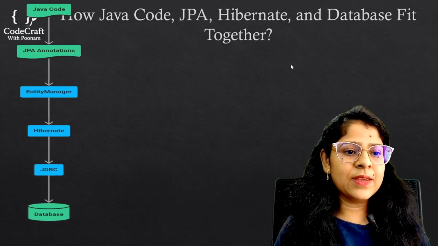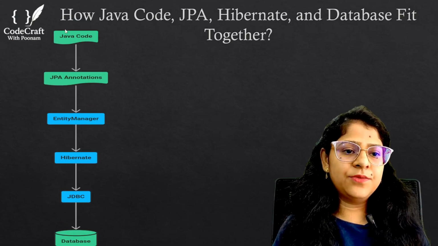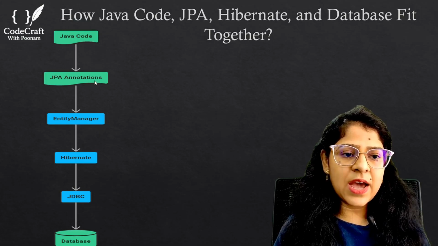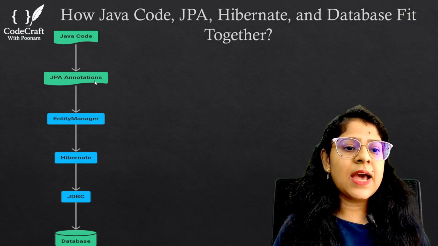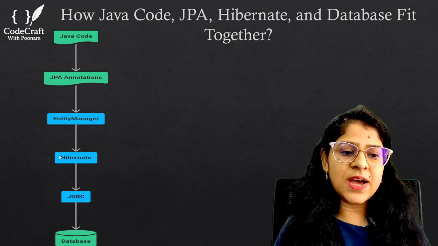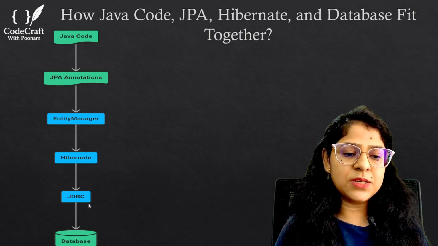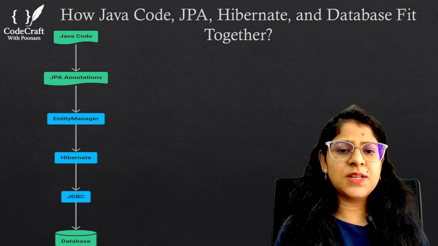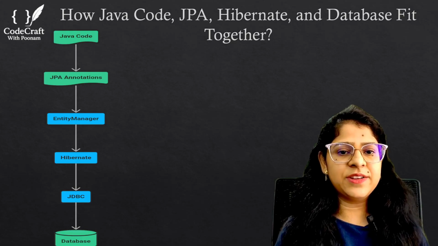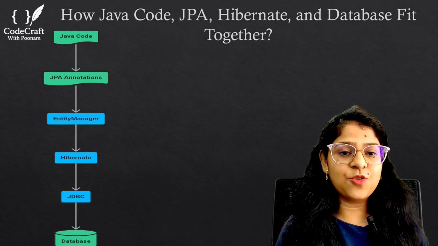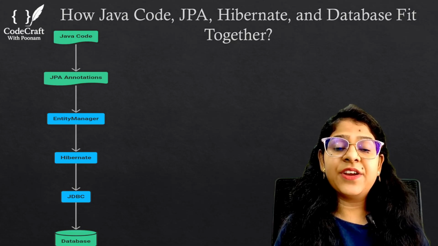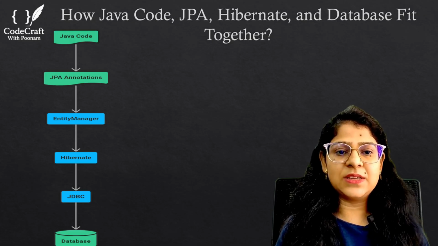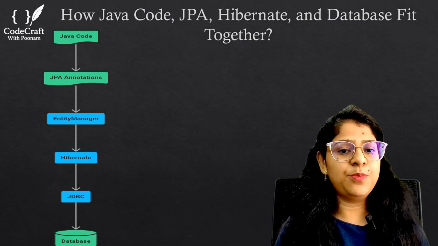Here you see that we have our Java code, and then JPA annotations, and then the entity manager, and then Hibernate, and then JDBC, and then the database. JPA annotations are what I have told you, like @Entity, @Id, @Column. The entity manager is a JPA interface, so this is your entry point.